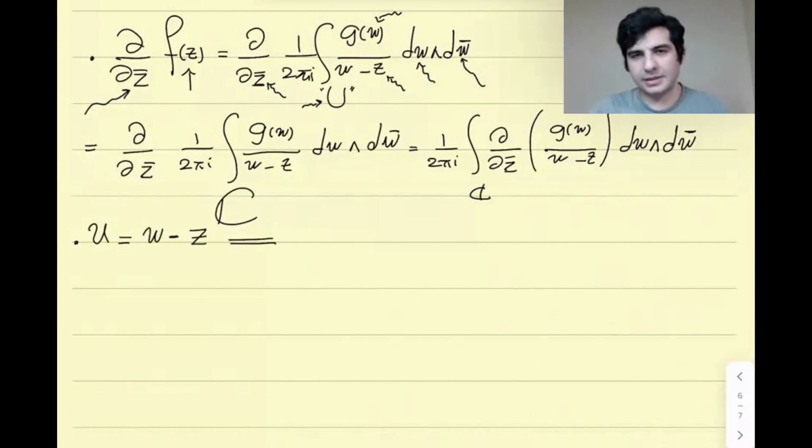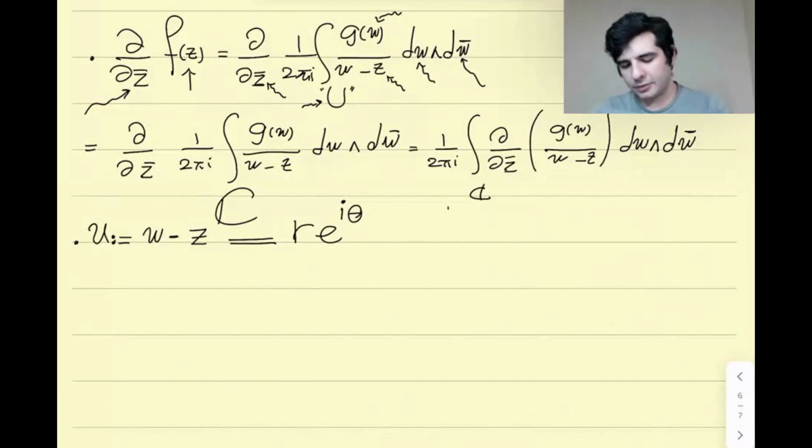Since it's a complex valued variable, it would always be equal to some r e to the i theta. So this is just u definitionally. I define u to be w minus z, and it has an expression of the form r e to the i theta.